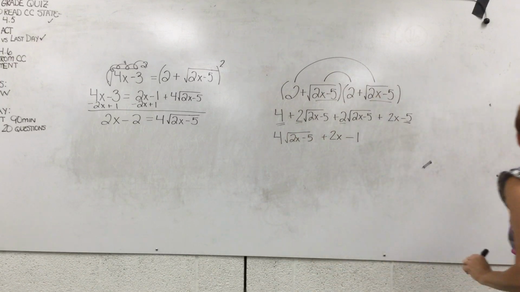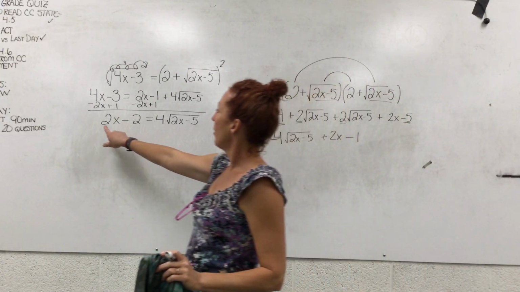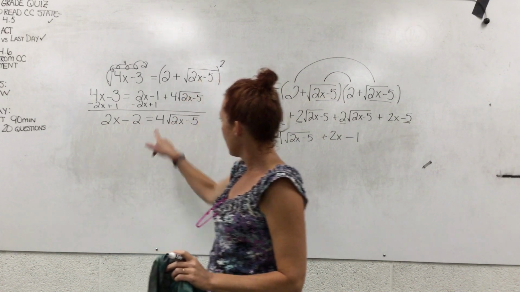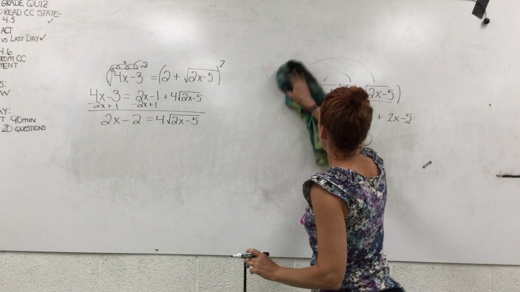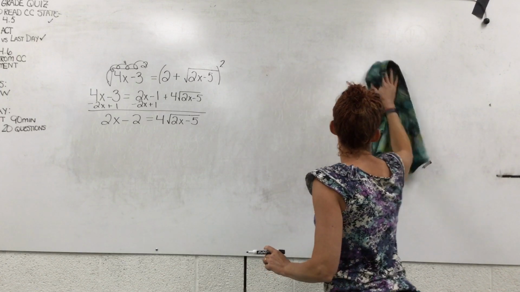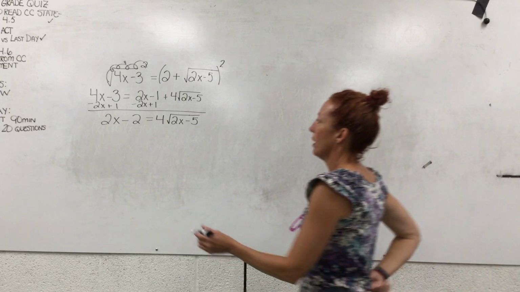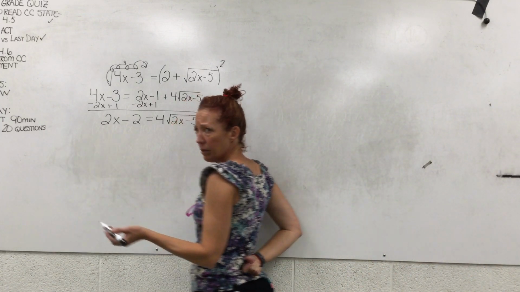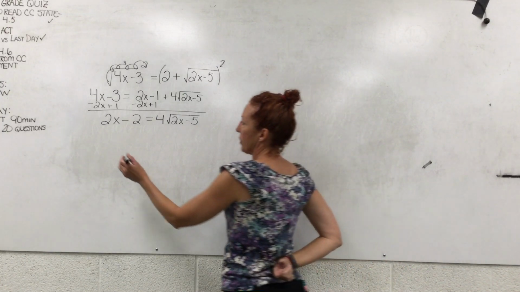All right, what I notice here is that these all have a common factor of 2. There's a GCF. So if I wanted to pull a 2 out, this is a little bit tricky. It works if you don't do it. I'm just going to end up with smaller numbers.